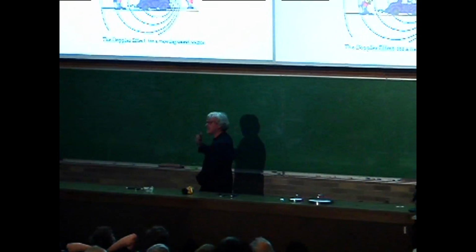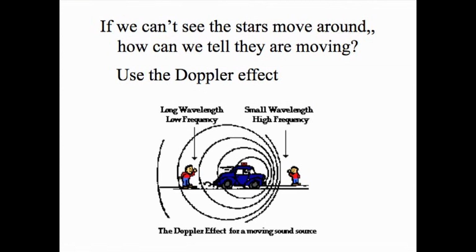And why is that? You use something called the Doppler effect. What my gizmo is doing is putting out sound waves. If the object is moving towards you, the sound waves get all bunched up together. The pitch that you hear for sound is determined by how far apart the sound waves are.